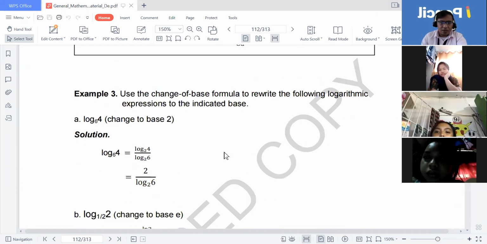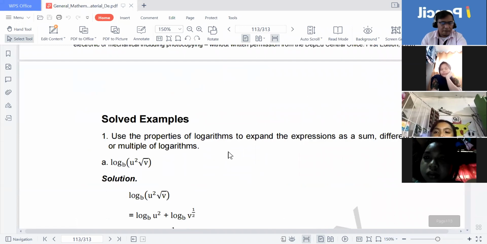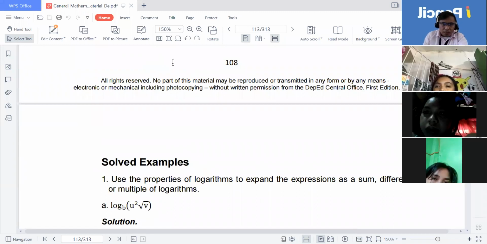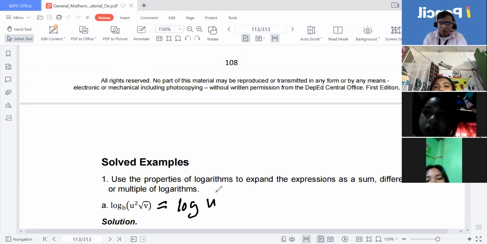Let us go back to the changing of the base. Let us have it here. If you want to expand this, first it is a product. It can be written as log of u squared base b plus log of square root of v base b.